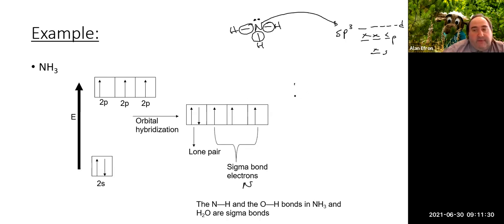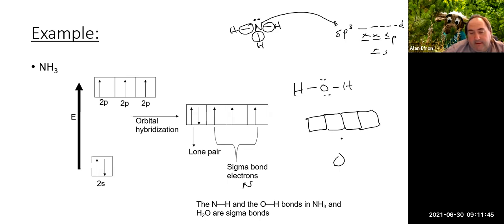That's a little bit different than what we see with water. If you looked at the oxygen, it's also going to be sp3 hybridized. The difference though is we already have our non-bonding electrons, right?